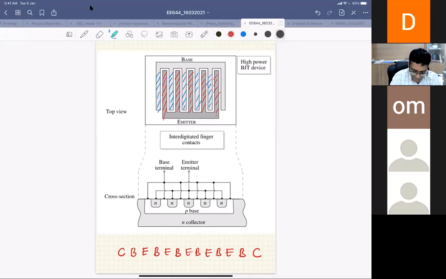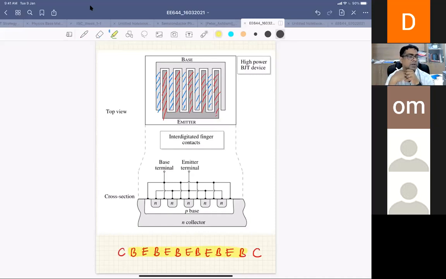If you look at this region here, I have divided my emitter into 1, 2, 3, 4, 5 emitters and 1, 2, 3, 4, 5, 6 bases. So I have divided my emitter and base.